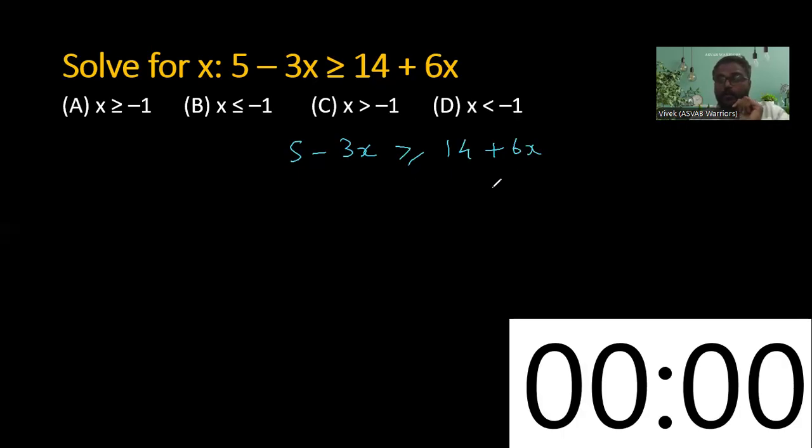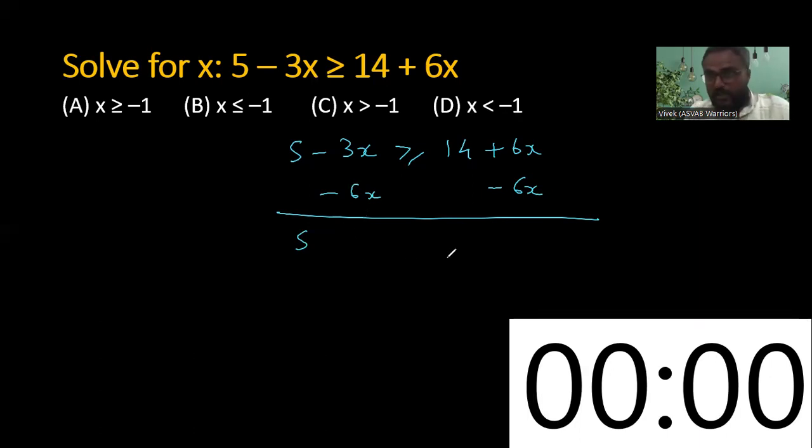So, I'm going to subtract 6x from both the ends. So 5 remains as it is, negative 3x minus 6x. Now remember, if you are doing addition or subtraction with two numbers with same sign, you simply add those numbers and keep the same sign.